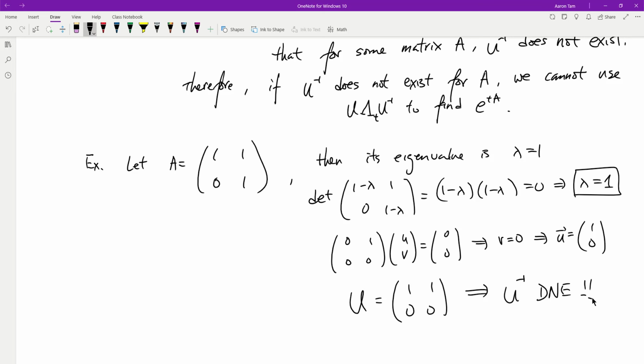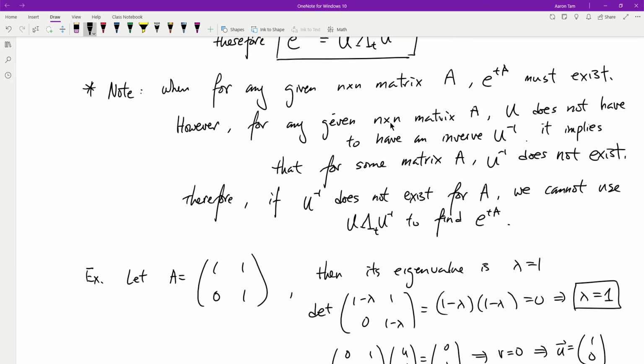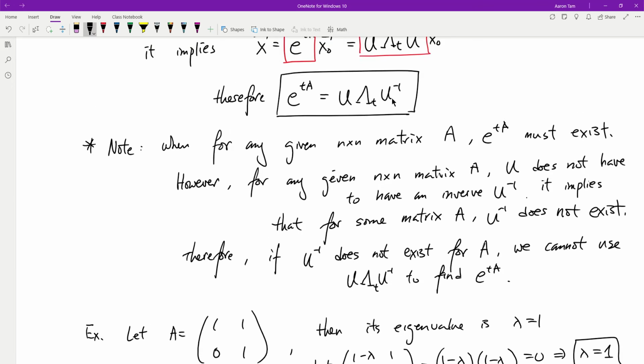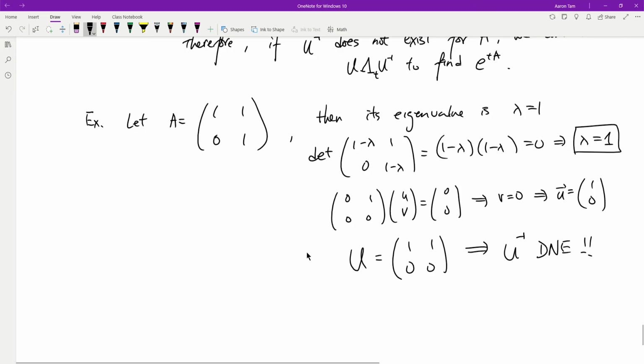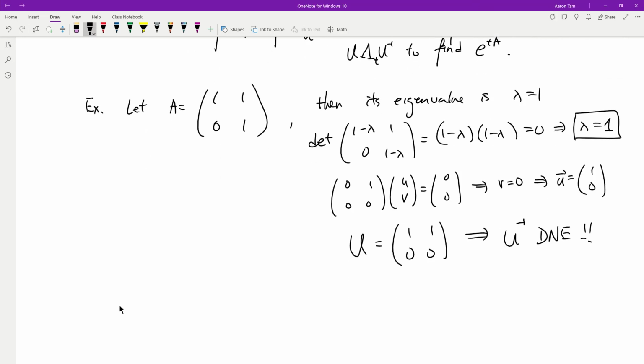Now, in this case, notice we do know what e^(tA) is. We have figured it out. So even though the formula U Lambda_t U inverse does not work because we failed to have a U inverse, e^(tA) still exists. Remember, we found that.